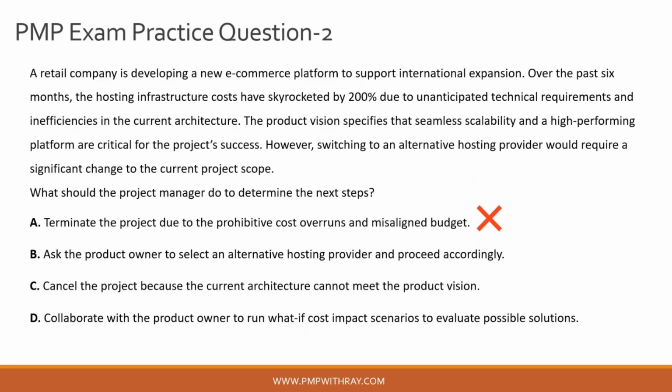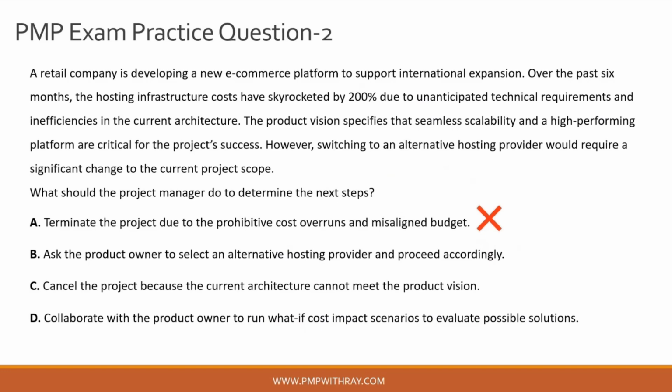So, a project manager should focus on value delivery and evaluate all possible alternatives before making a drastic decision like termination, right? So, a thorough assessment, including cost benefit analysis or trade off scenarios, is necessary to make an informed choice. So, option A is eliminated for being premature and overtly definitive.